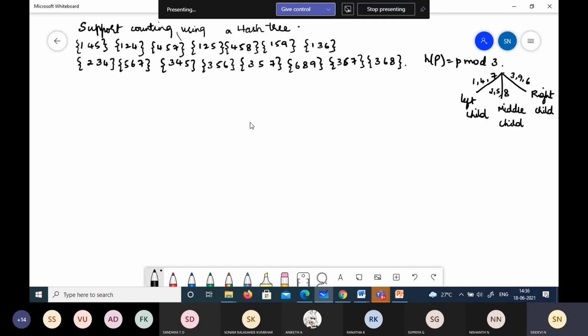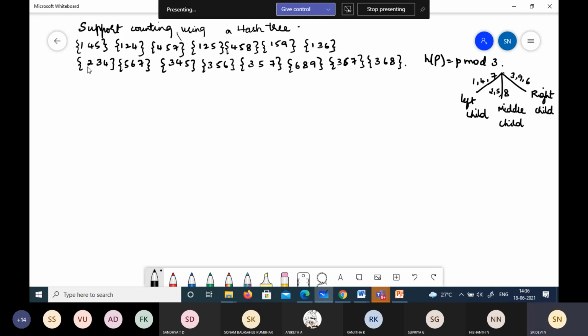Looking into the first digit of each candidate set, we will identify to which branch they belong first. So 145, we are examining the first digit. So 1, and 4 mod 3 again is 1, so 4 also will belong to the left child. 1, 4, 1 again and 1.